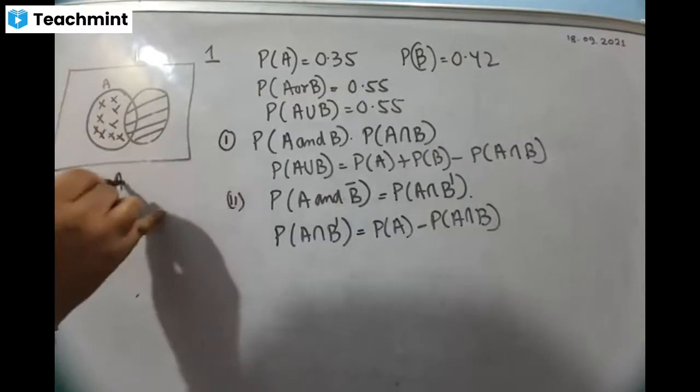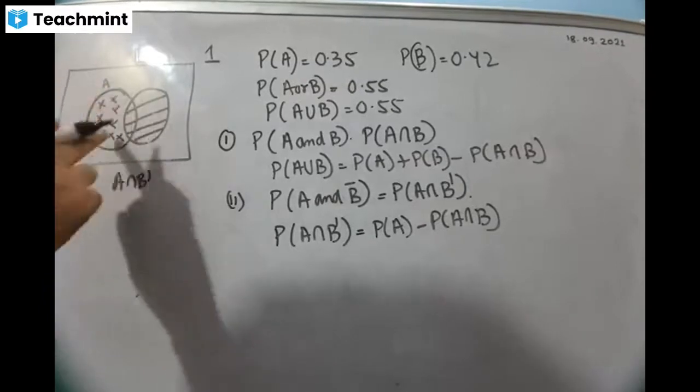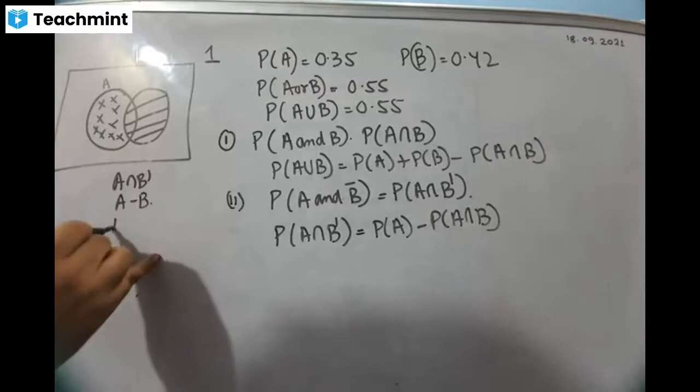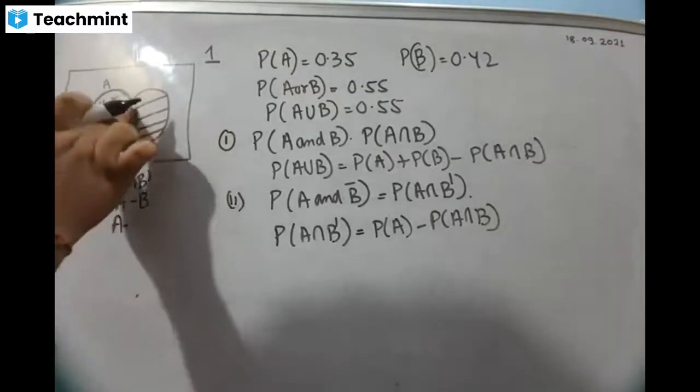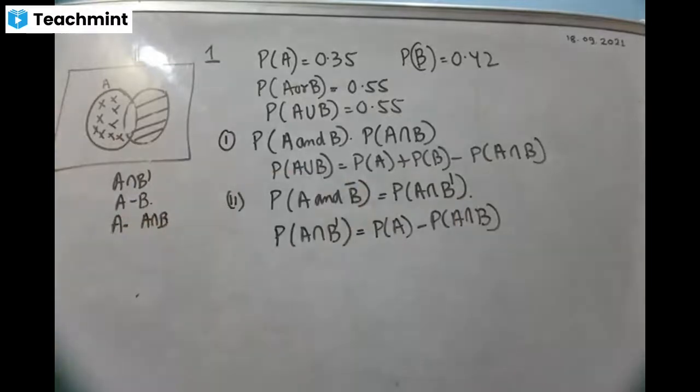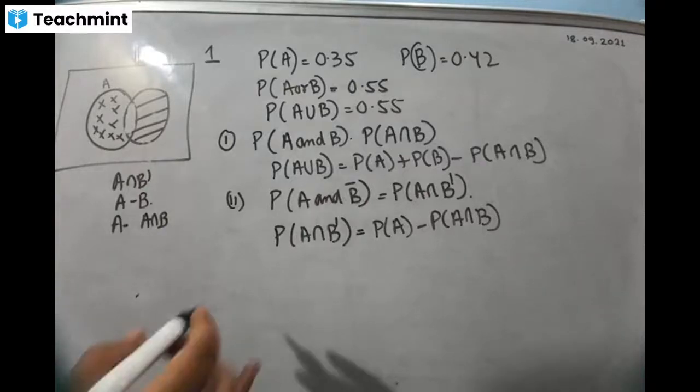So A intersection B complement means this region, that is A minus B. And what is A minus B? From A we are removing this part, so this part is A intersection B.